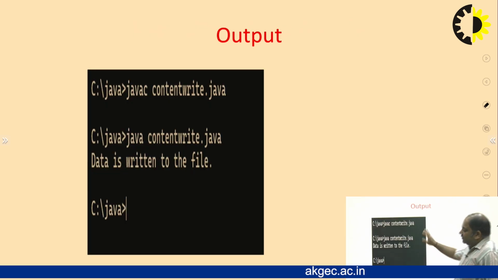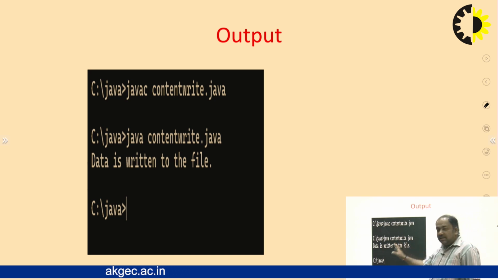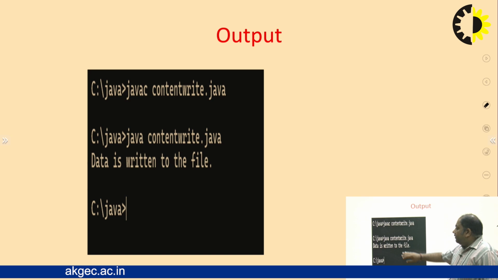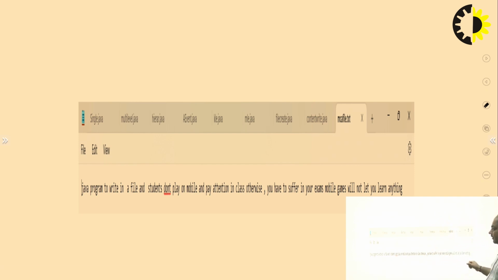See, the same way we compiled it using javac. After compilation, it does not show any error. If it does not show any error, we directly run that program, and after running that program, it says that data is written to the file. So whatever data I have written is written here in the file mca file.txt.